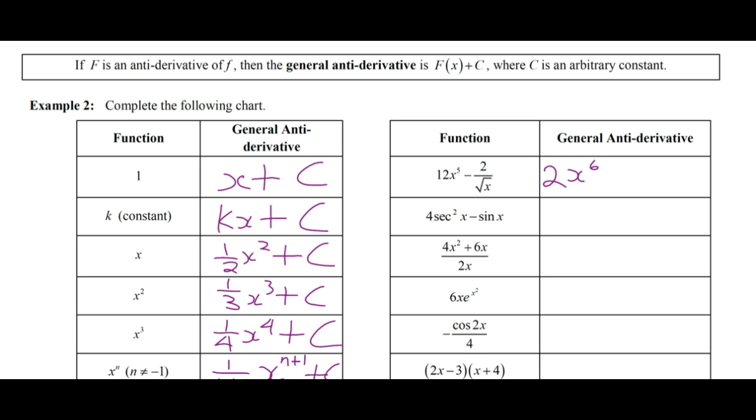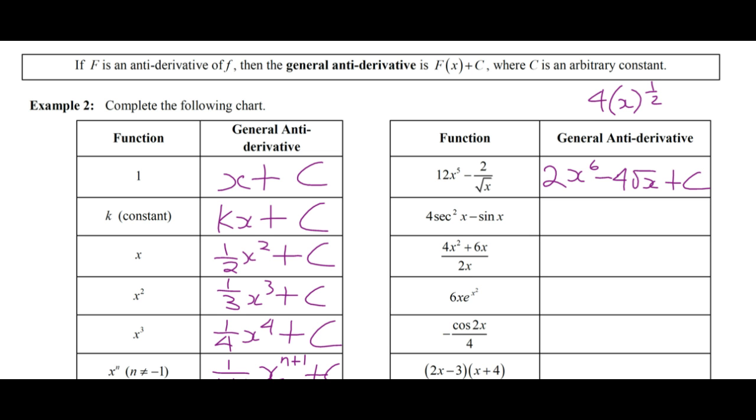Okay, so that's a little bit tricky. Is it plus 4 root x or minus 4 root x? Let's think about this. We have 4x to the half. Now we're trying to figure out, should this be positive?